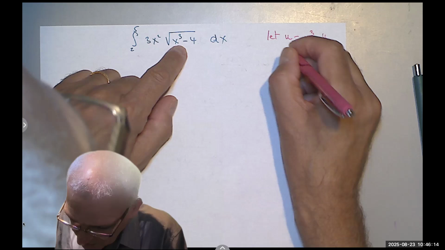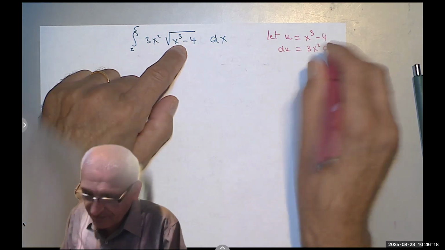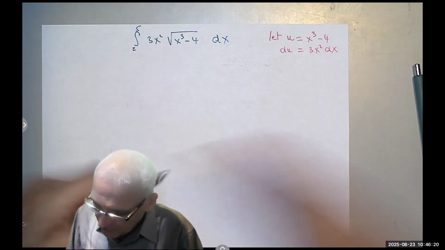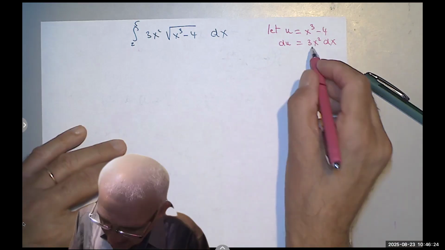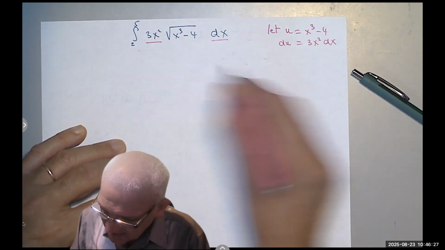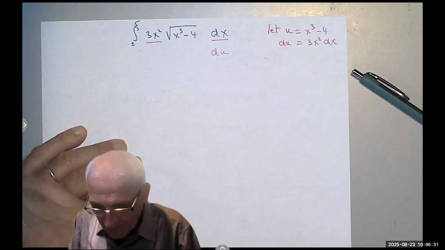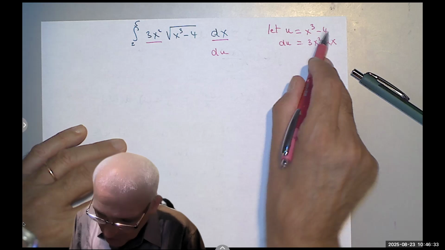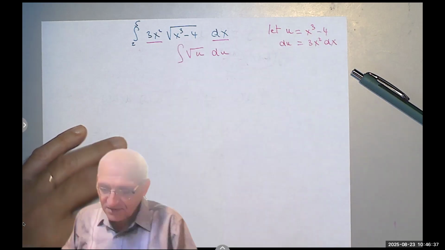Because now du would be 3x squared dx. Notice the derivative of a constant is 0. This was an easy problem because 3x squared dx would be replaced by du, and this becomes the square root of u.